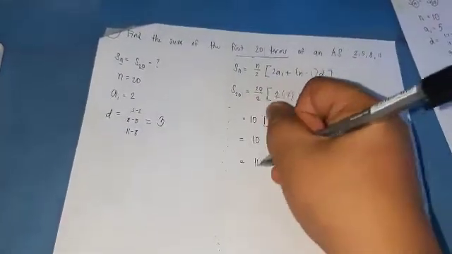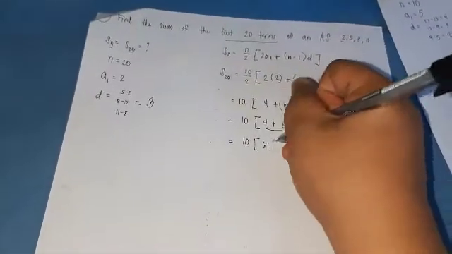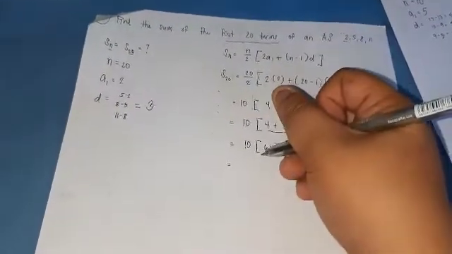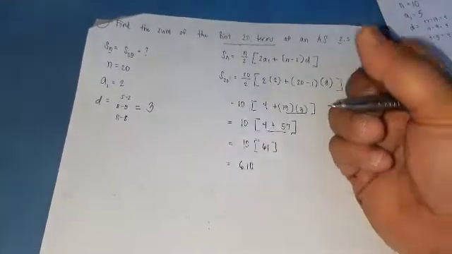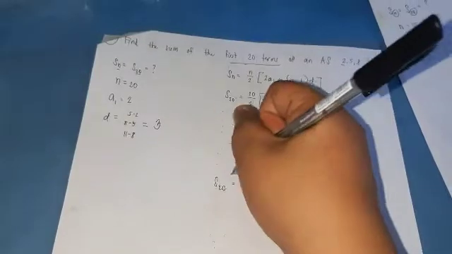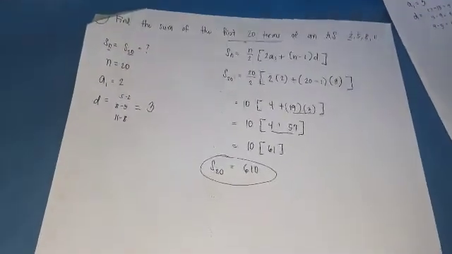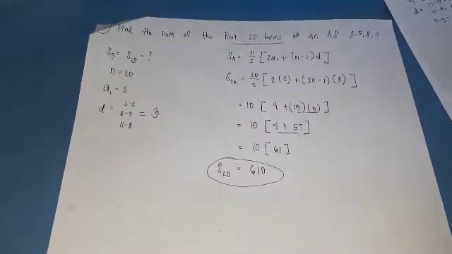And you're going to have your 10 times your 57 plus 4, which is 61. If you're going to multiply 10 times 61, it will just give you 610. This 610 is the sum of the first 20 terms of your arithmetic sequence 2, 5, 8, 11. Questions? Do you get it? Any questions?